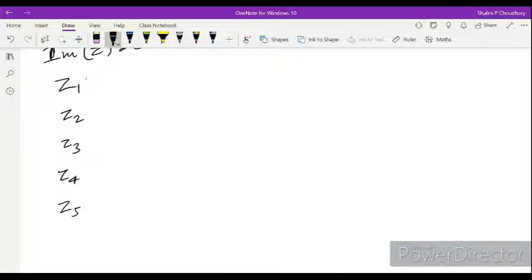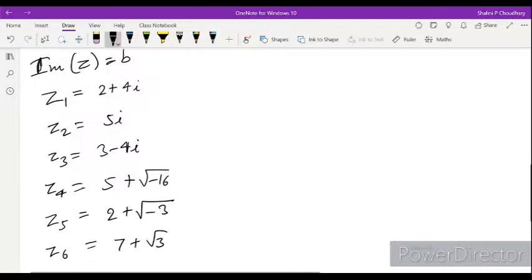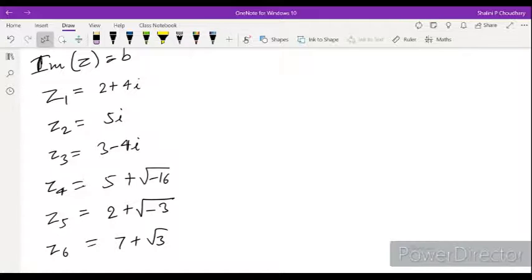Okay, कुछ complex numbers हम लेते हैं, like 2 plus 4i, and 5i, 3 minus 4i, 5 plus square root of minus 16 अगर ऐसे टर्म में हम लिखते हैं, या फिर 2 plus square root of minus 3, and z6 एक और ले लेते हैं, 7 plus root 3. Okay, so how we will find out? Now we have to find out the real and imaginary parts.